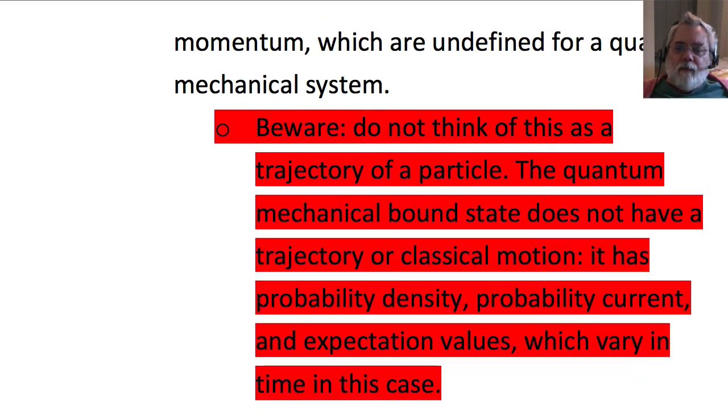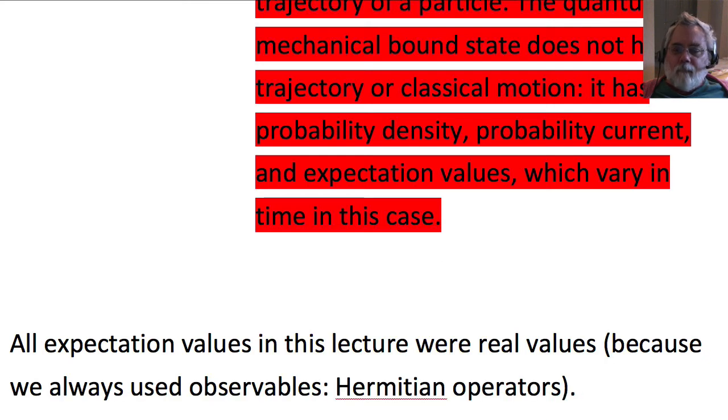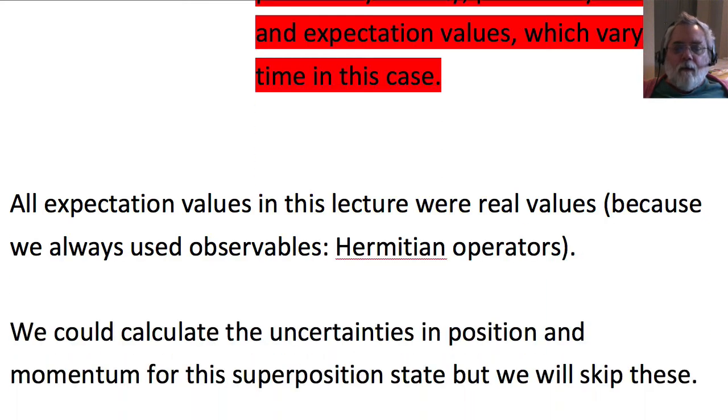So beware, do not think of this as the trajectory of a classical particle. The quantum mechanical bound state does not have a trajectory. It does not have classical motion. It has probability density, probability current, and expectation values, which vary in time in this case.